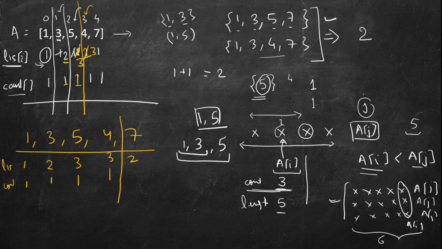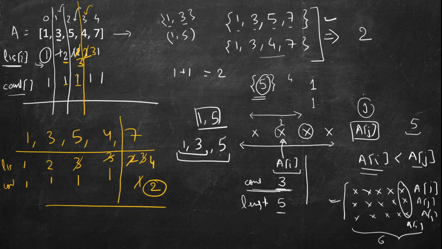Earlier it was 1. 3 is also less, so we can make 3. 5 is also less, so we can make 4. And count will also be 1. Next we come to 4. It's 3. It's already 4. So we know we can increment the count to 2. So 3 plus 1, 4. So count is now 2.